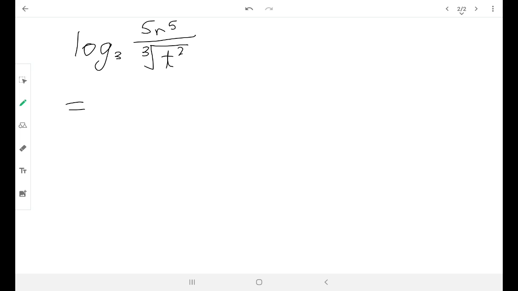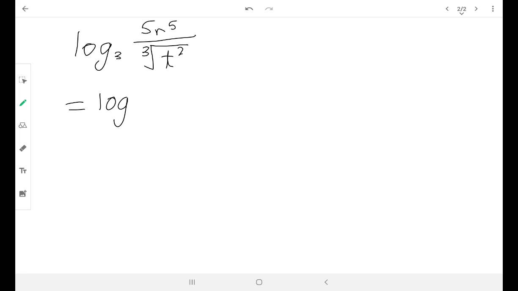So when I look at this, let me tell you what I see. I see it's got a top and a bottom. And so the first instinct would be, let's expand the top and bottom, separate them out into subtraction.